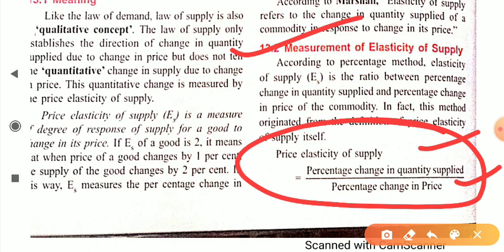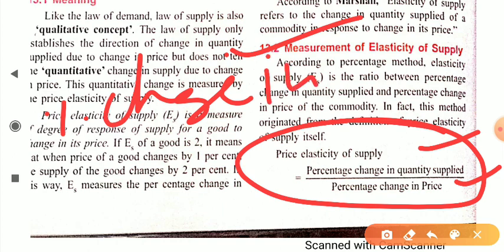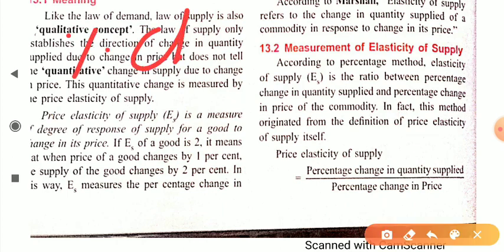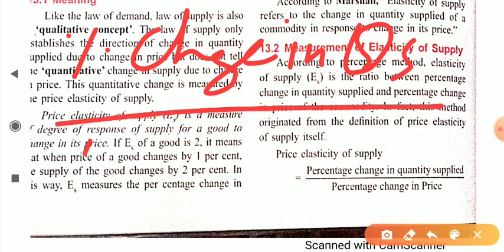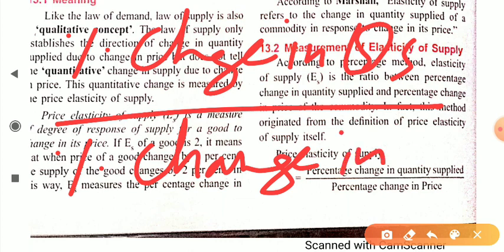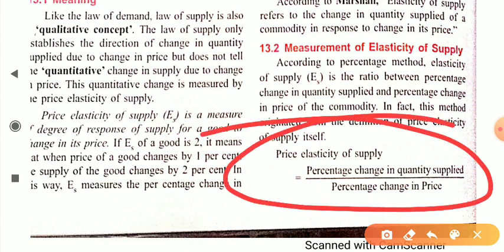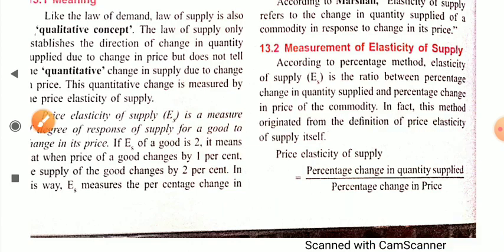In case of supply the formula repeats: percentage change in quantity supplied divided by percentage change in price. This simply represents the price elasticity of supply. So this is the formula of price elasticity of supply.